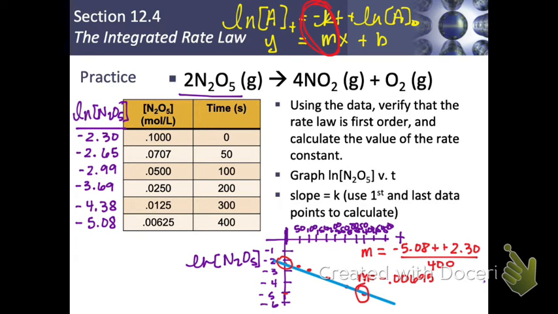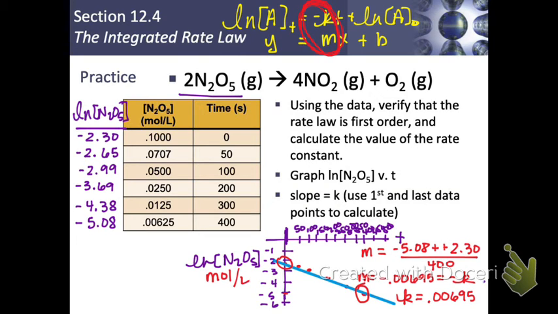If we go up and look at our relationship, we know that m is equal to negative k. So what is the actual value of my rate constant? It's positive. So I would say that my k value is 0.00695. And then the units for that, natural log here would be moles over liter.